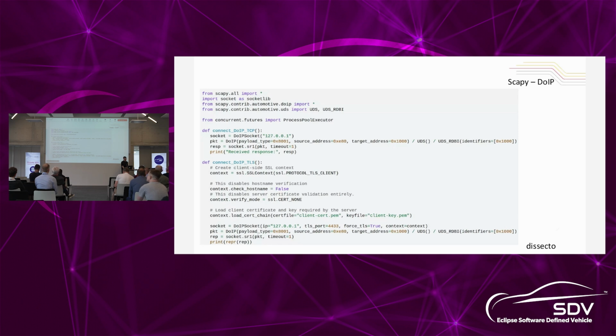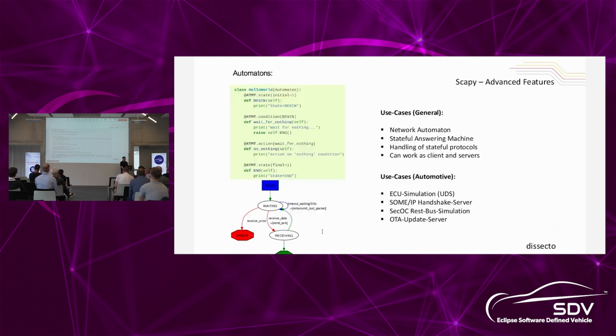And then we can start sending DoIP to the ECU. So DoIP over TLS, a new feature, was a lot simplified. We can just use the DoIP socket and tell it to force TLS, so it will do everything automatically for us. Then one advanced feature, which now got a lot more attention, is how do we simulate ECUs?